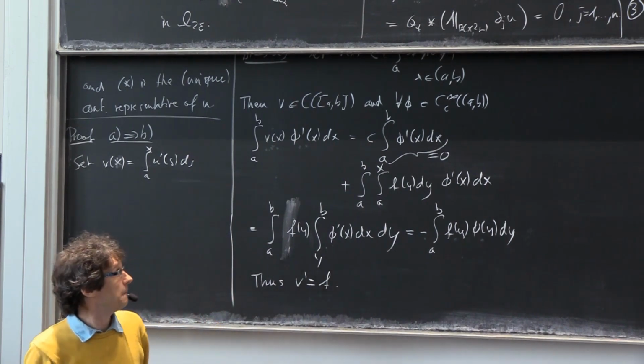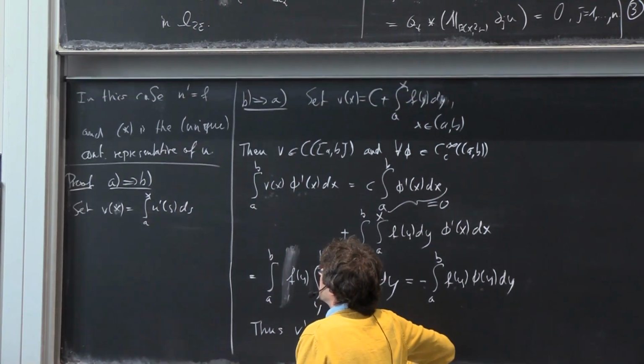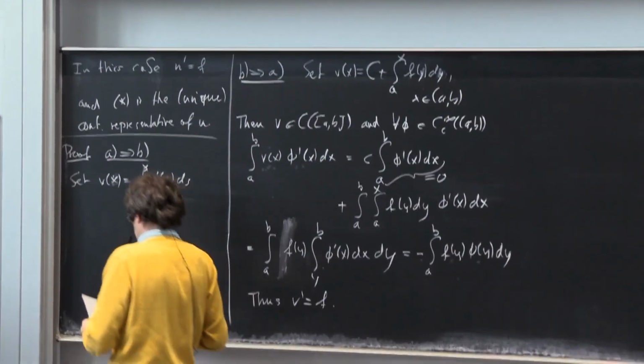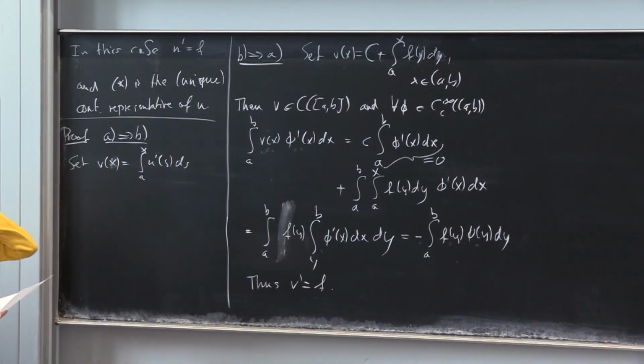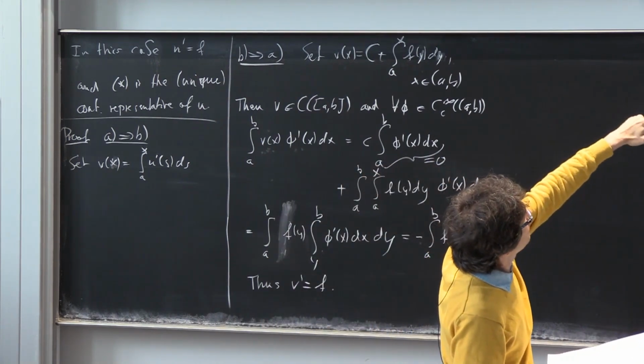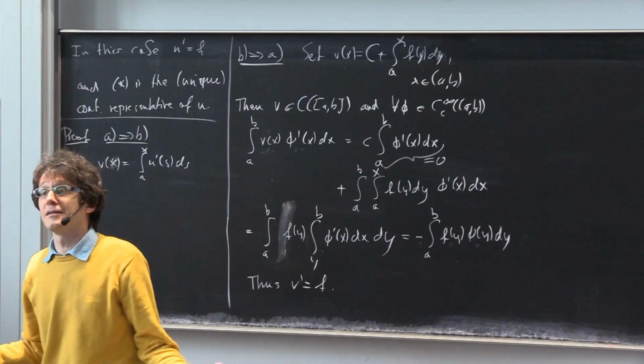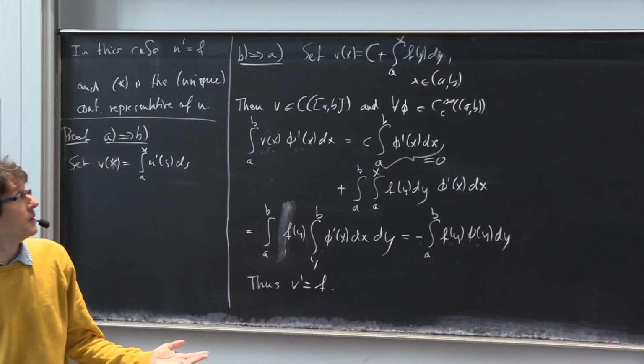So we are at a. And now we can finish our proof going from a to b. So we have to prove that if u is weakly differentiable, we find such a function f that we can write u in this way. What is the natural candidate for f? It is u prime.